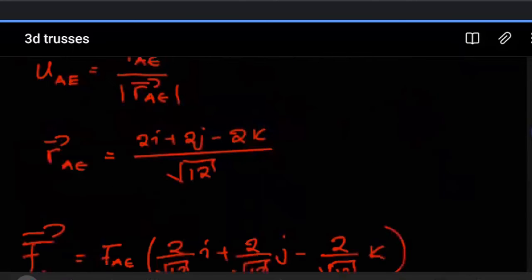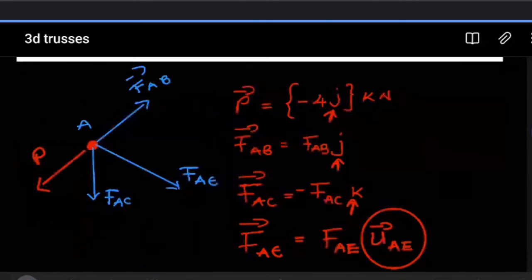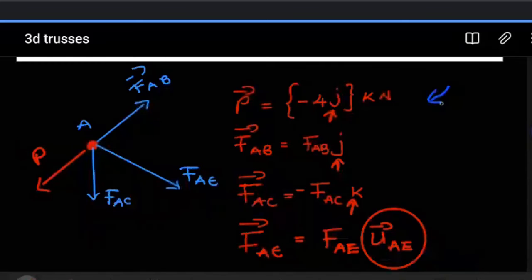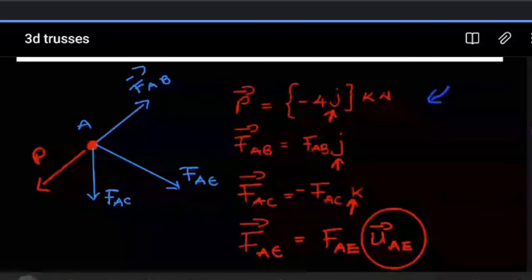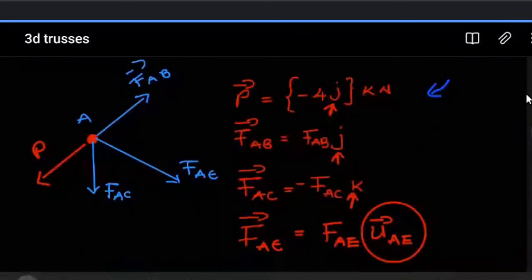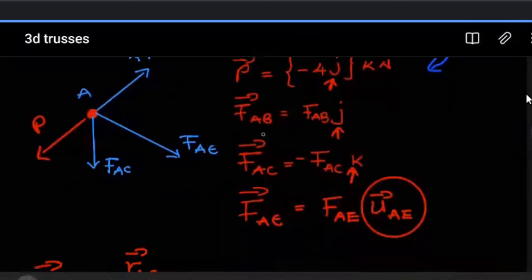Let's see which of these forces have an x component. For the first one, we don't have an x component, so we bypass it. For the second one, we don't have an x component again, so we bypass it.